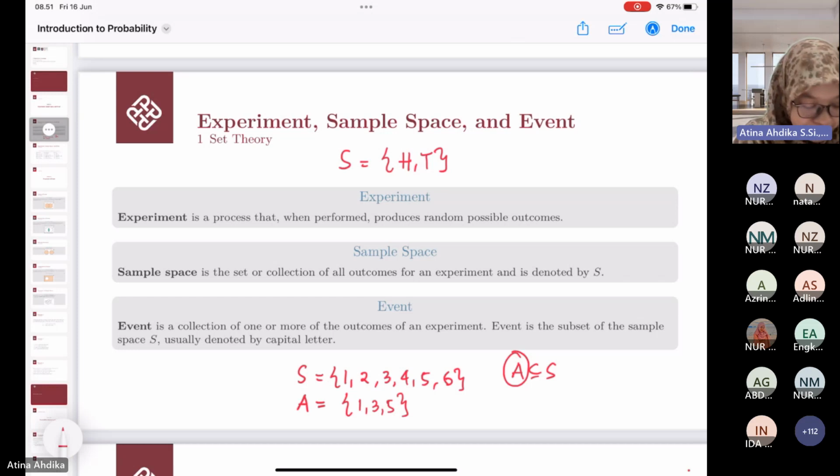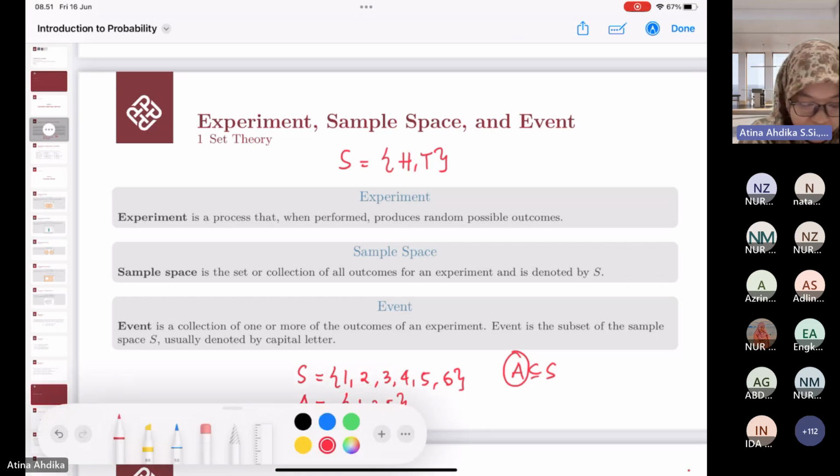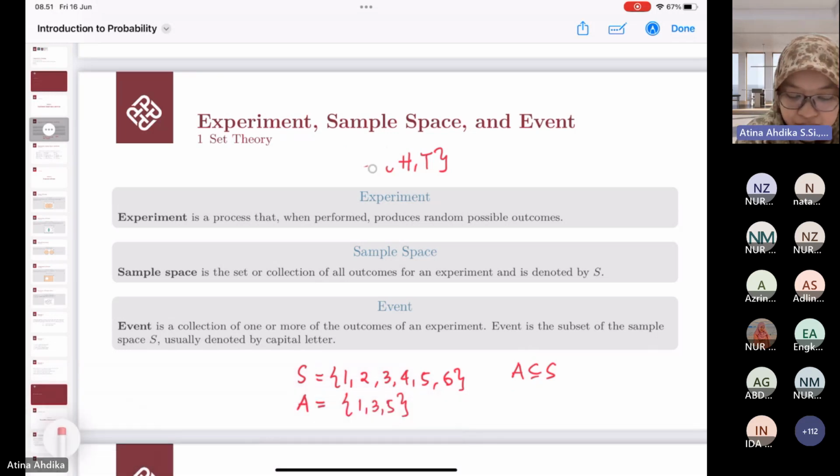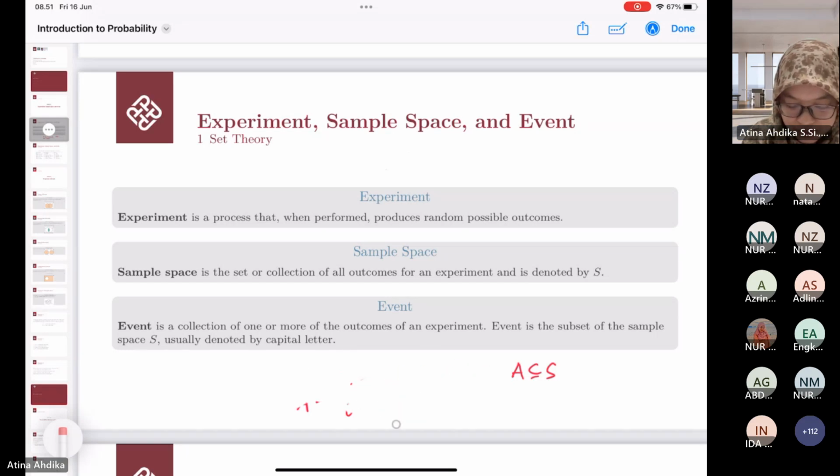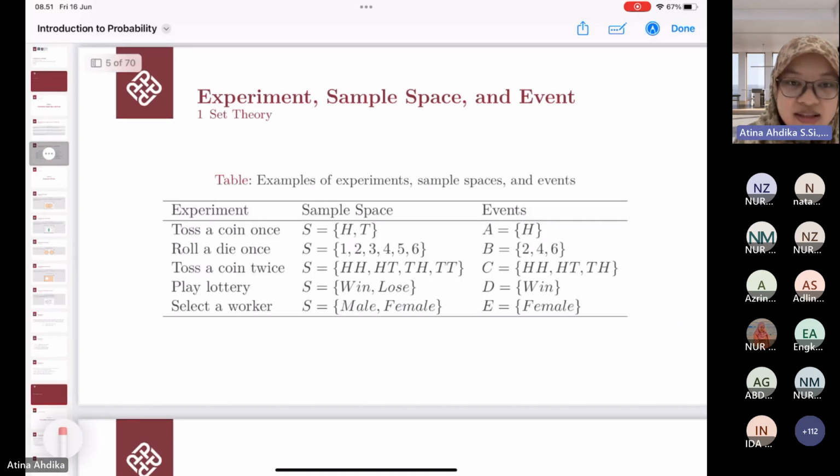Okay, so I will give you another example. Here is another example of experiment, sample space, and events.